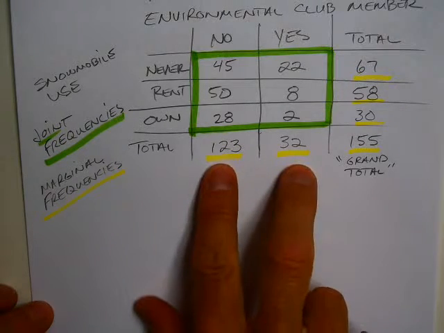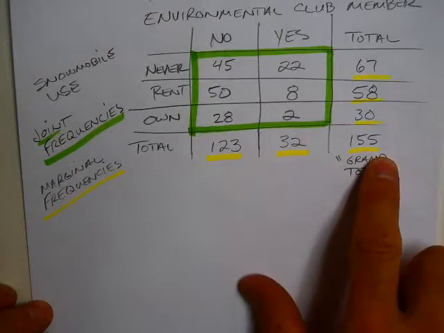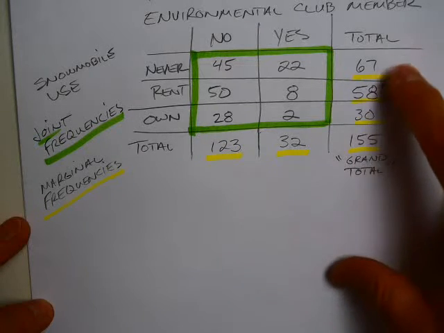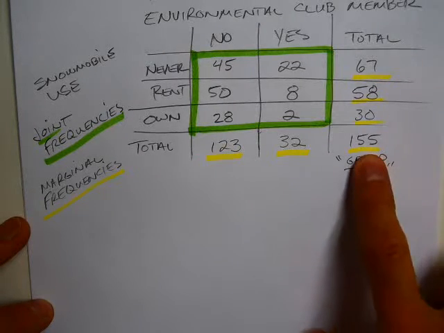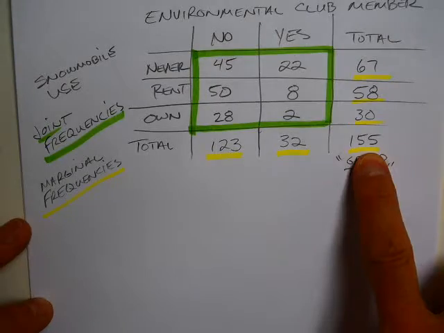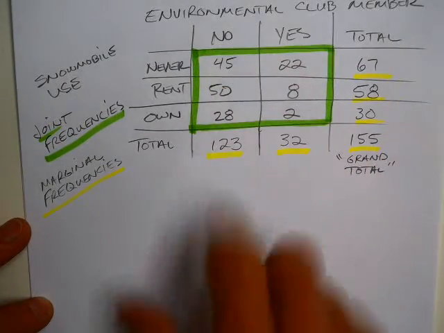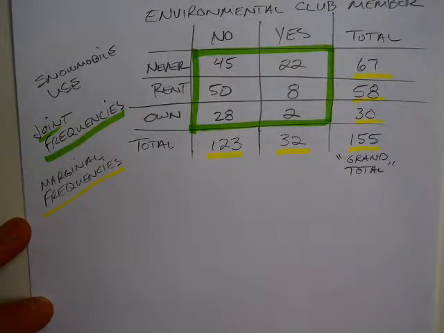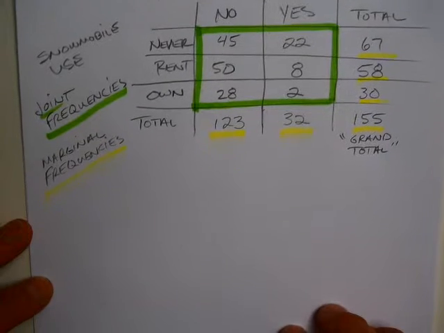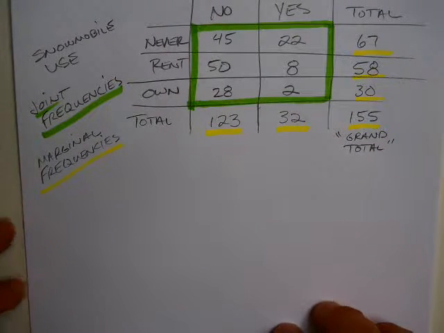I added the 123 plus the 32 to get the 155. But if I add 67, 58, and 30, I should also get 155. And if I add all of the joint frequency values, I should get 155, assuming that I did all the math correctly. Did anybody double check me? No? All right, good enough.